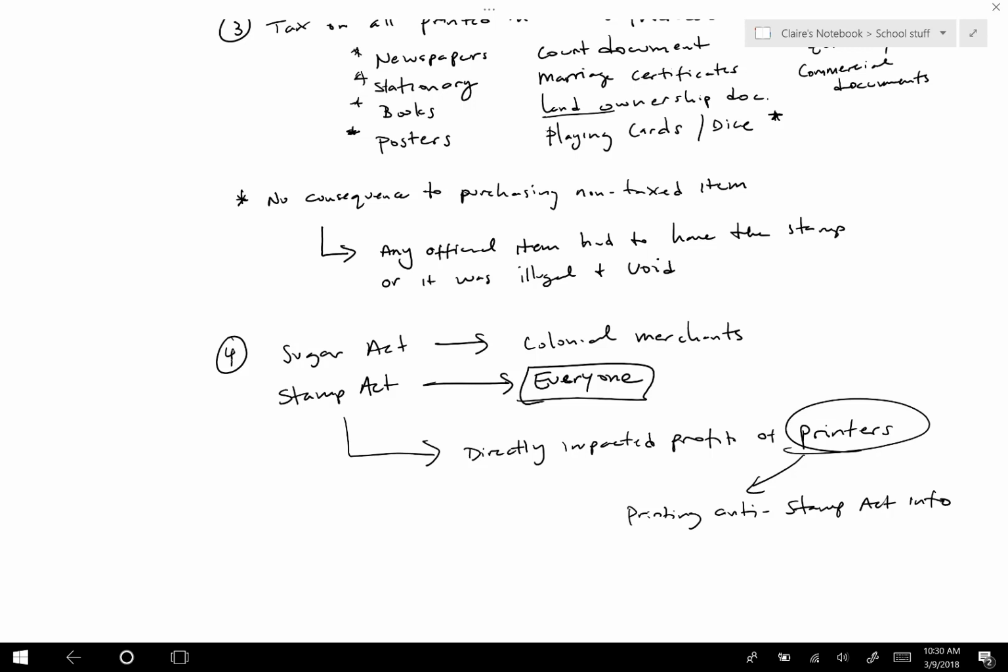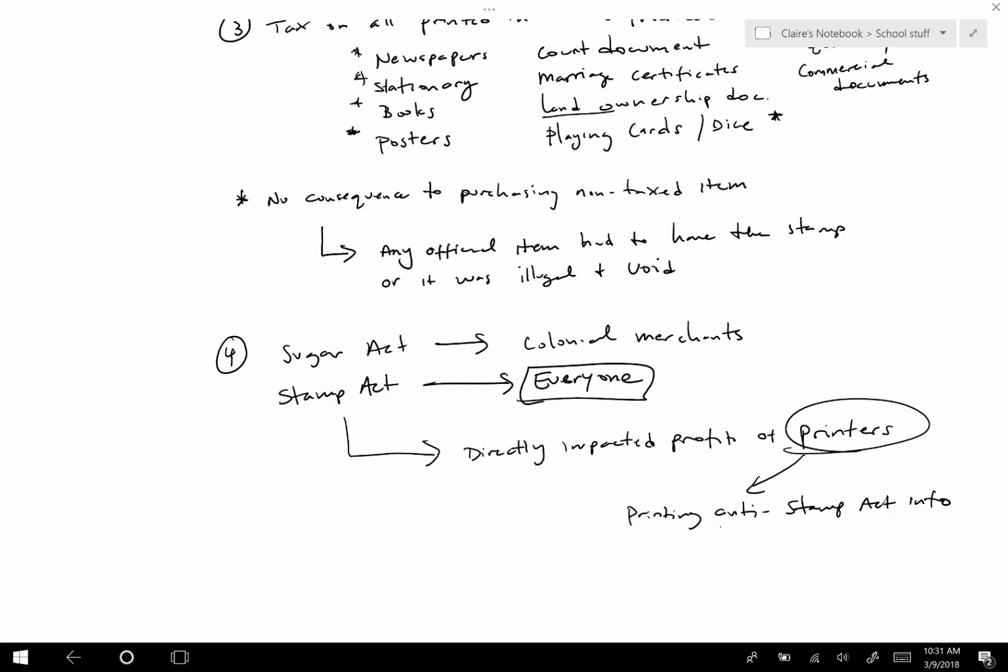If you didn't work as a colonial merchant, or they didn't share that with you, the average person probably didn't at first really know what was going on with the Sugar Act. But with the Stamp Act, everyone did, and if they didn't, the printers made sure they did. They printed tons of pamphlets that were all anti-Stamp Act. So you picked the wrong group of people to anger, because they had the best chance of disseminating the information and getting people to hear about it.